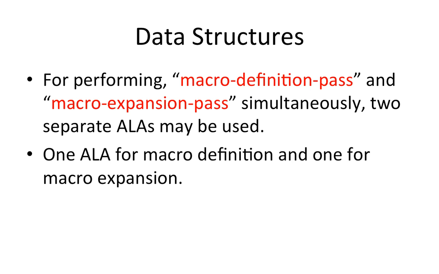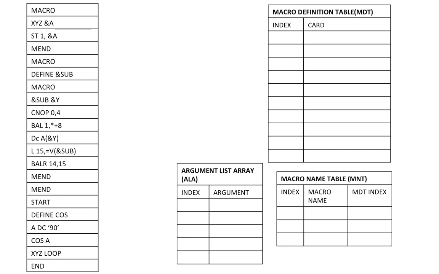For performing macro definition and macro call simultaneously, two separate ALAs may be required, one ALA for definition and the other ALA for expansion. Now we'll discuss the single pass macro processor with this example.